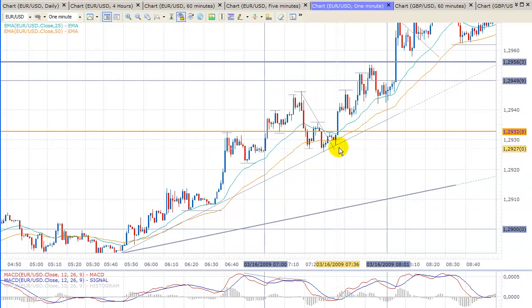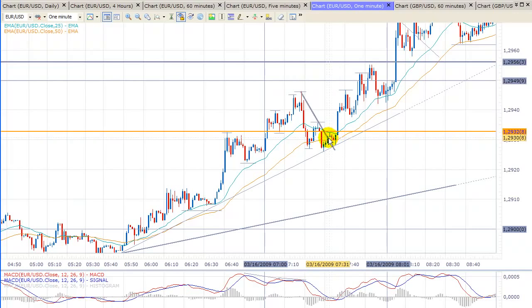Actually, I entered with another position at the break of this trend line, because we can see here that we've got a retracement after this upside move. And when the price breaks the trend line of the retracement, we've got a clear entry point.